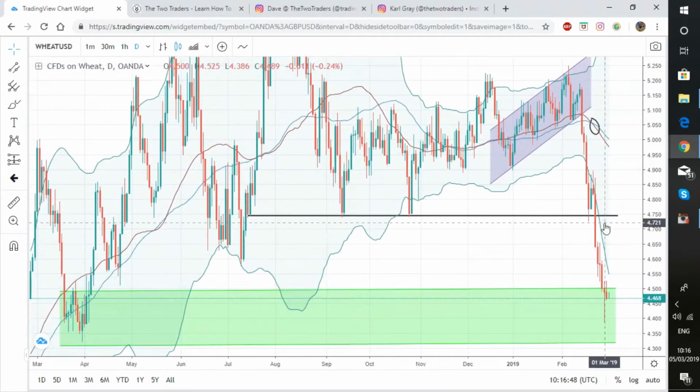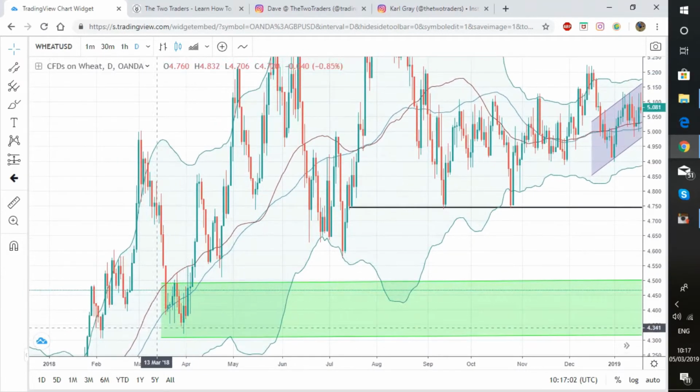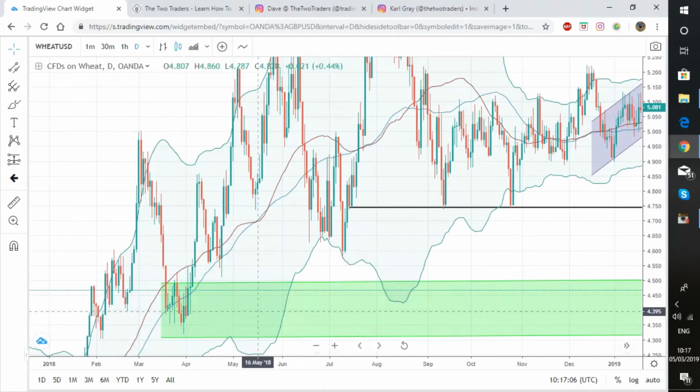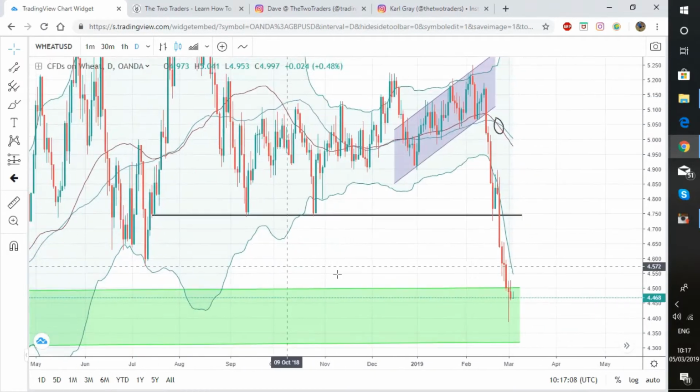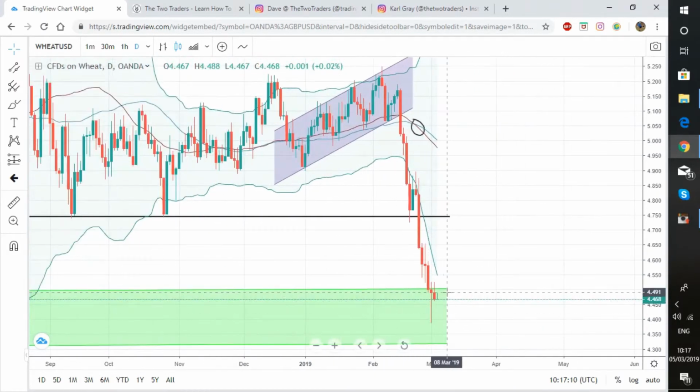Before that, we broke down here, we'd gone through another support here, and we'd gone through this one, so it just went straight down. But now we've got into this region where back in March 2018 the price came up and down a bit, and back in February it came up and down a bit in there as well. So this is our support zone, and it's likely that we'll encounter some support here, which might mean the price tends to flatten out a bit.